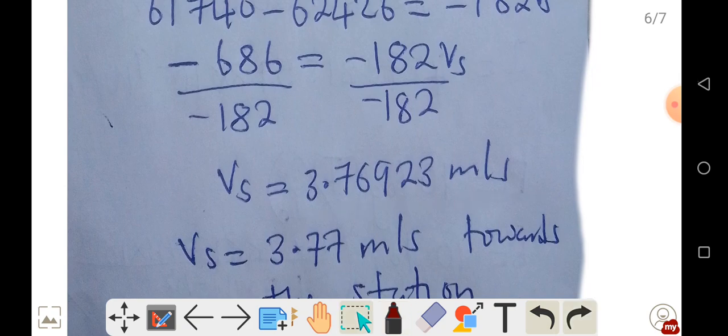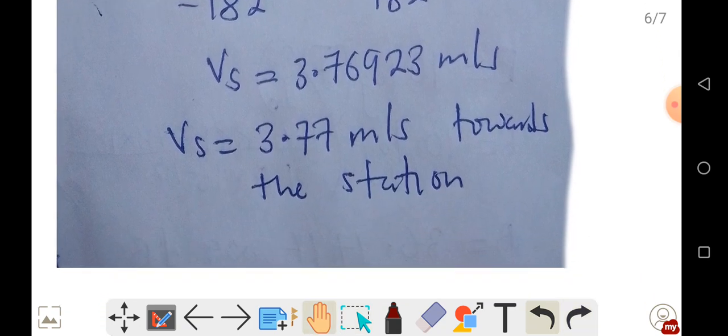This can be written in three significant figures to be 3.77 meters per second. We have said the direction here is towards the station.